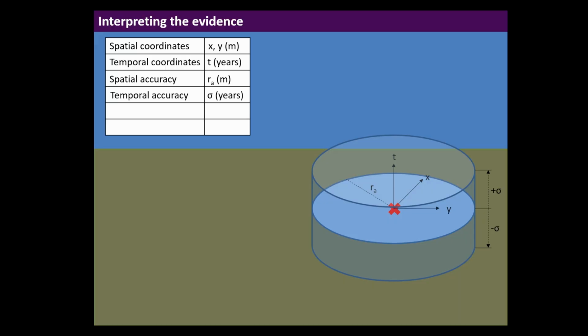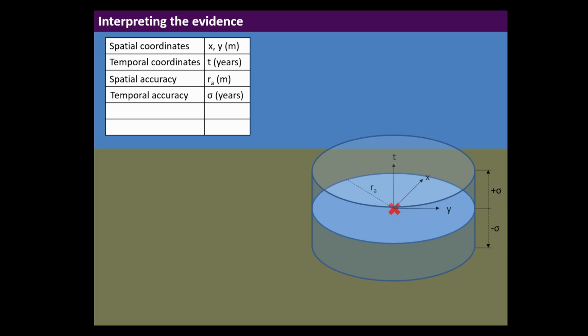Next, there is the temporal accuracy. If it's archaeological dating, you have some uncertainty stemming from the length of the interval of the dating. Or if it's C14 dating, you have the standard deviation given by the laboratory that did the dating.